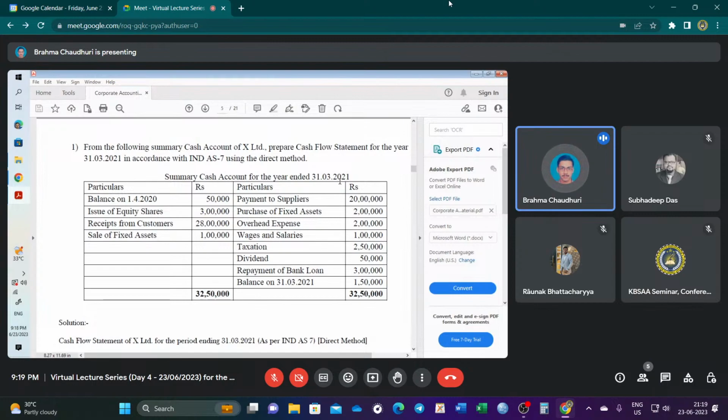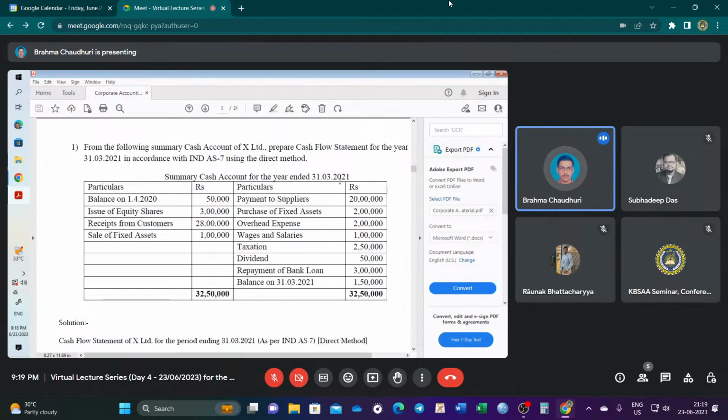Now in the direct method, all the cash inflows and cash outflows arising from various types of activities are already stated, already given, and we have to only arrive at the cash flow statement, that is the cash flow from operating activities, in the following manner. First of all, we will write the cash inflows arising from the operating activities. We will deduct the cash outflows from operating activities, and we will get the net cash flow from operating activities.